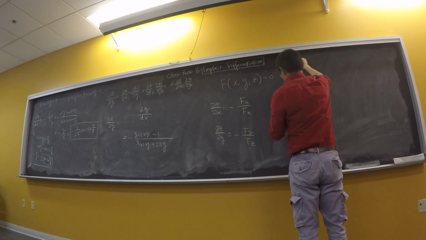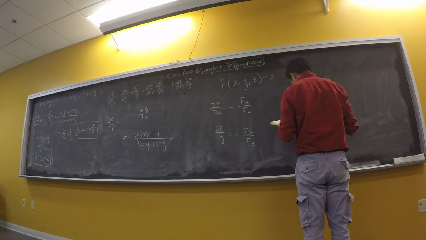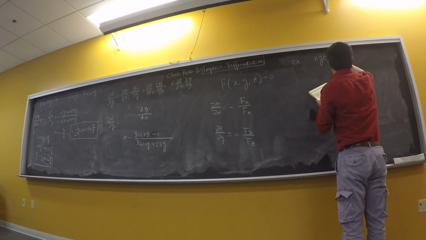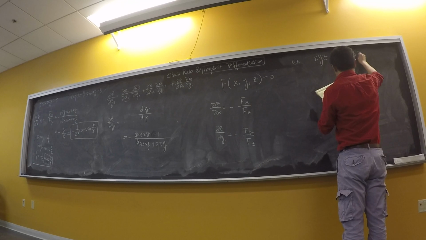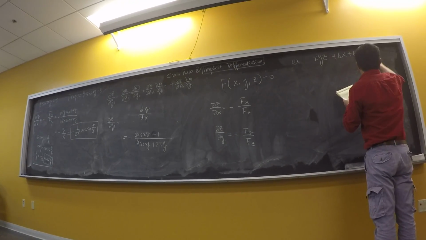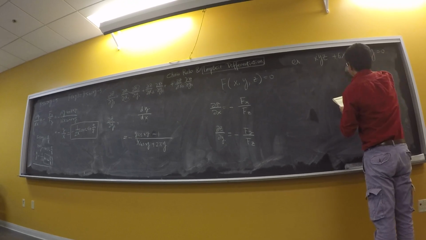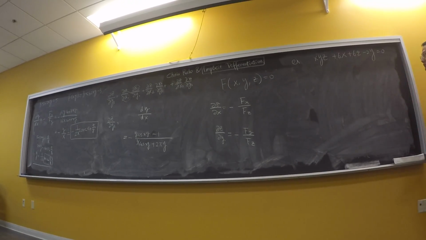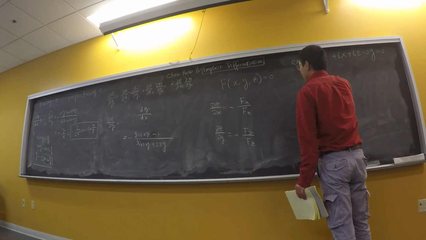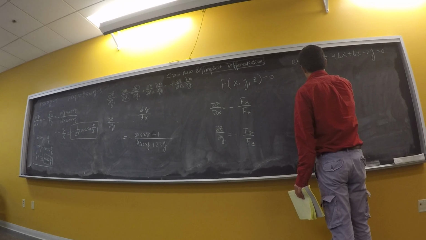So very last, let's practice one example and we're done. xyz + 6x + 6z - 2y = 0. This function, you can indeed solve for z and compute the partial derivative directly for the function you got. But let's just practice our partial z, partial x.